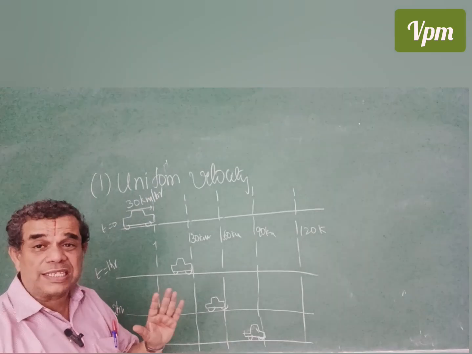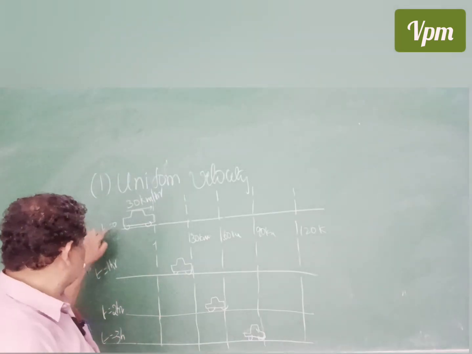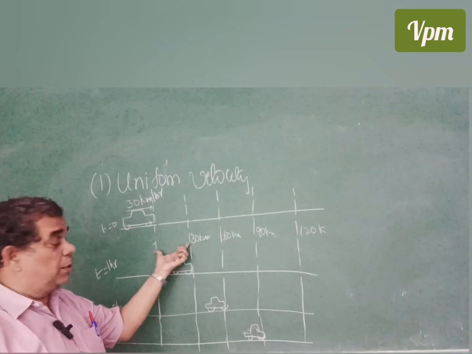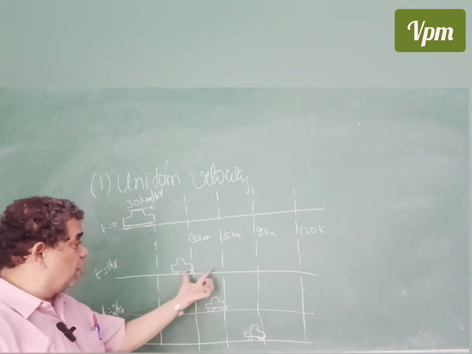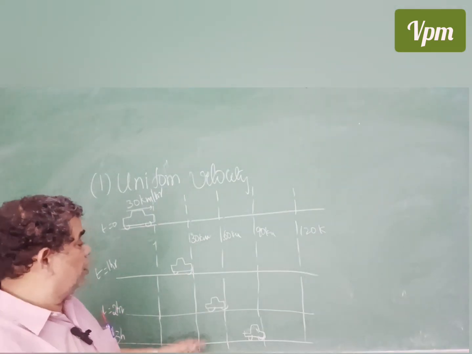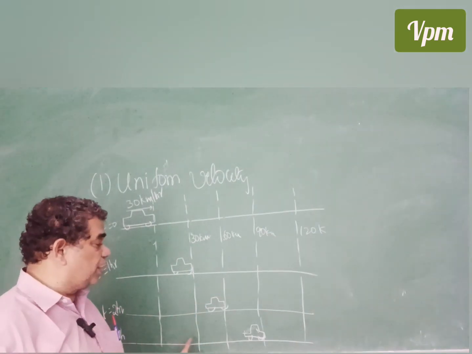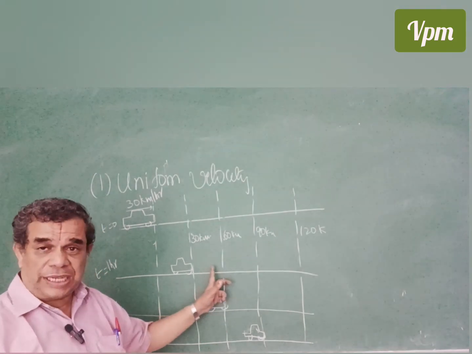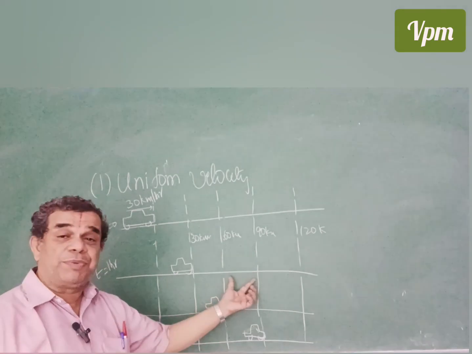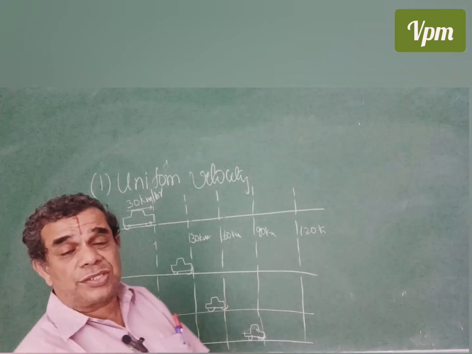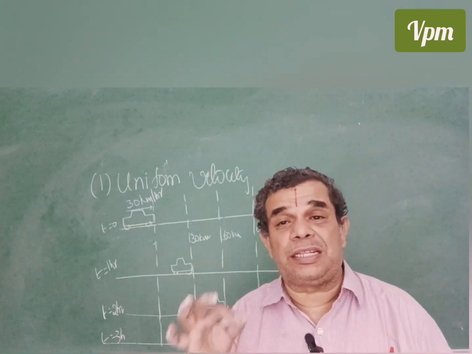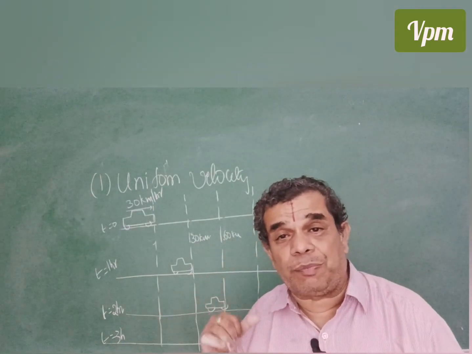Observe the displacement. From 0 to 1 hour, it is 30 kilometers. From 1 hour to 2 hours, 30 to 60, the displacement is 30 kilometers. From the second hour to the third hour, 60 to 90, the displacement is 30. That means every hour the displacement is 30, 30, 30 in our example.